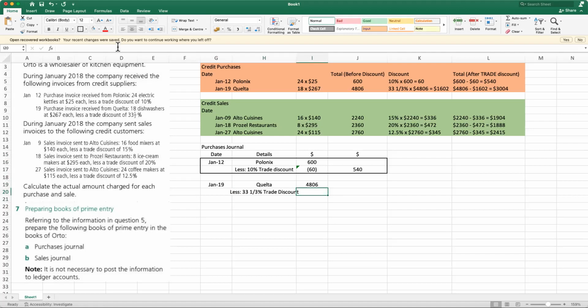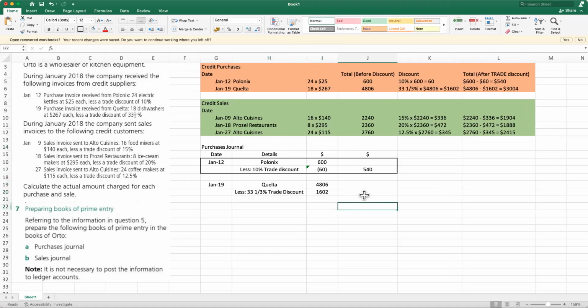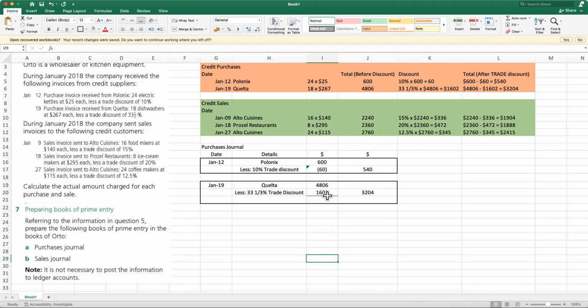So its total amount is 1,602. So once you're done with that, then we're just going to find this amount after the trade discount being deducted. Should be 3,204. So draw a line to show calculation. And then this one, I'm just going to box it up, so that you can see the line here.